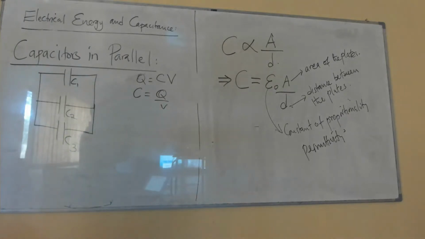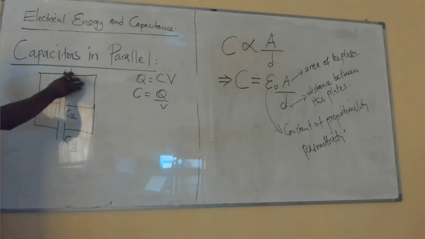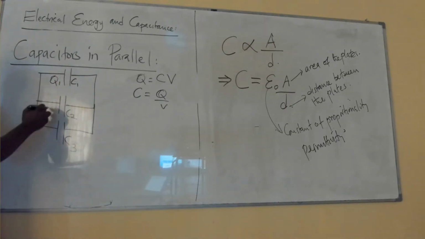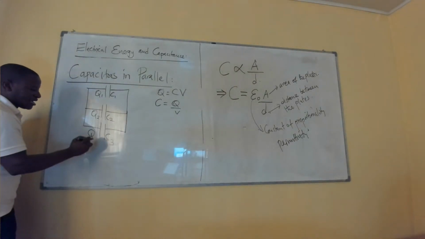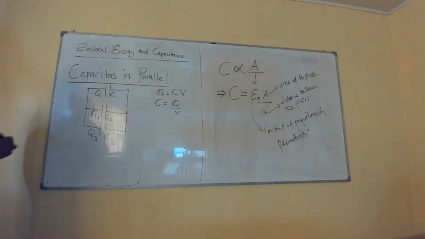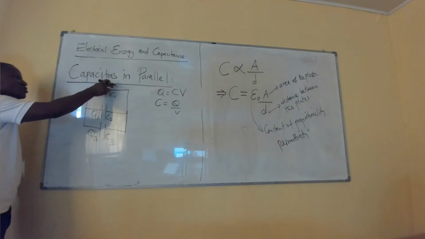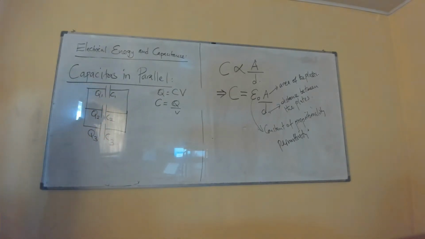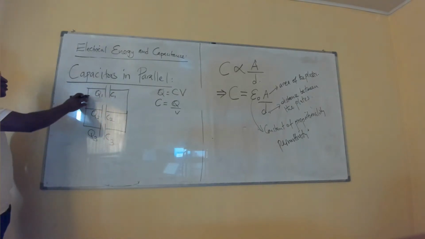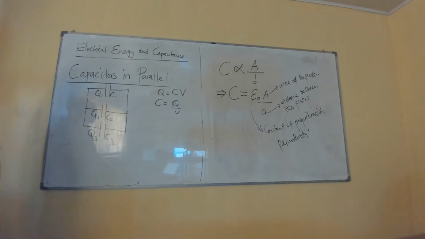Charge over potential. So in this case, what will be our Q1 here? This becomes our Q2, then that is our Q3. So we want to calculate first for Q1.